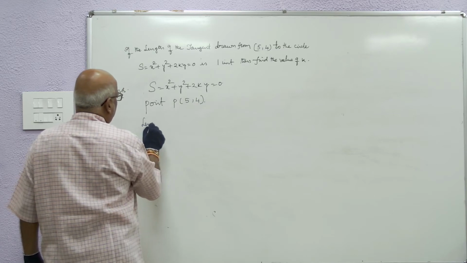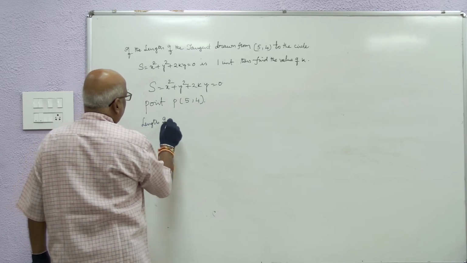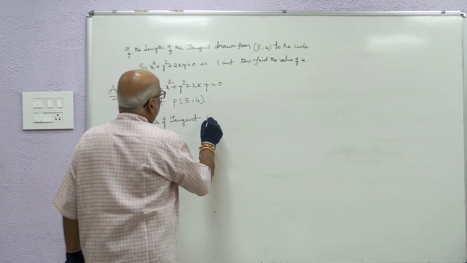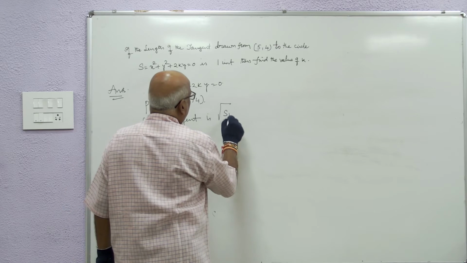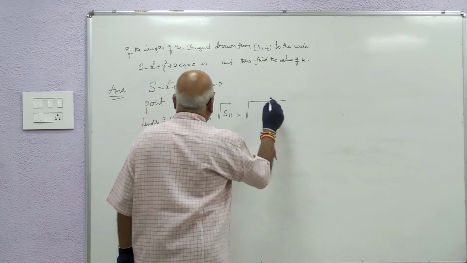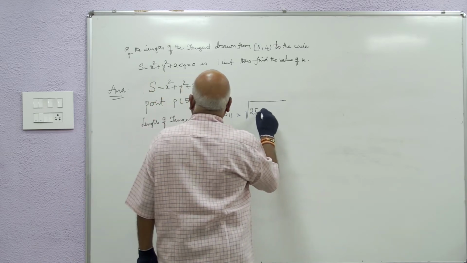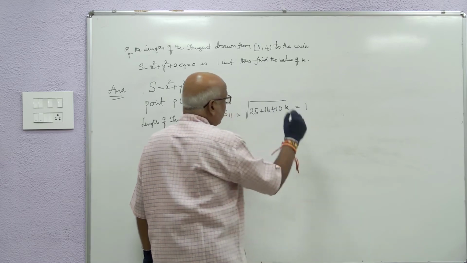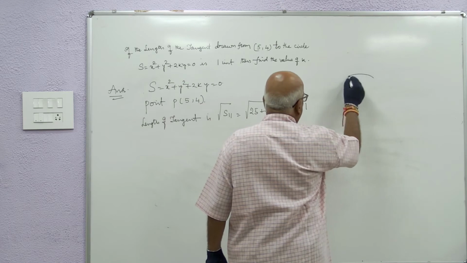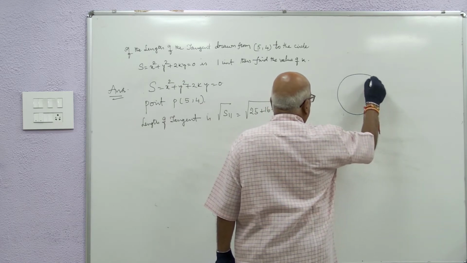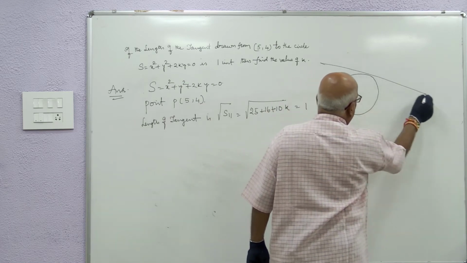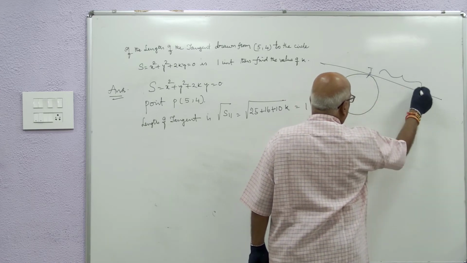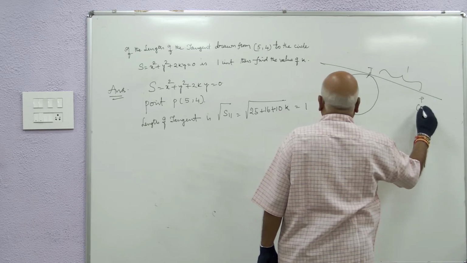Length of tangent is root S11, root 25 plus 16 plus 10k is equal to 1 he gave. That means if you see the diagram, suppose this is the circle and this is tangent. This length he has given as 1 unit. Point is 5 comma 4.